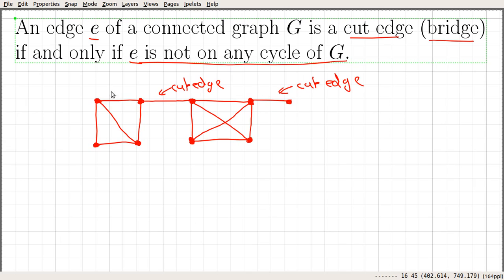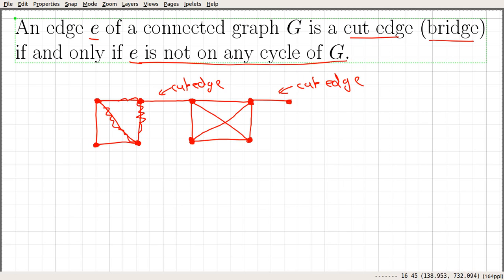Here again we can see that if you look at a cycle in this graph, that cycle does not contain a cut edge. That's what this statement says: an edge E of a connected graph is a cut edge if and only if E is not on any cycle. This graph has many cycles.